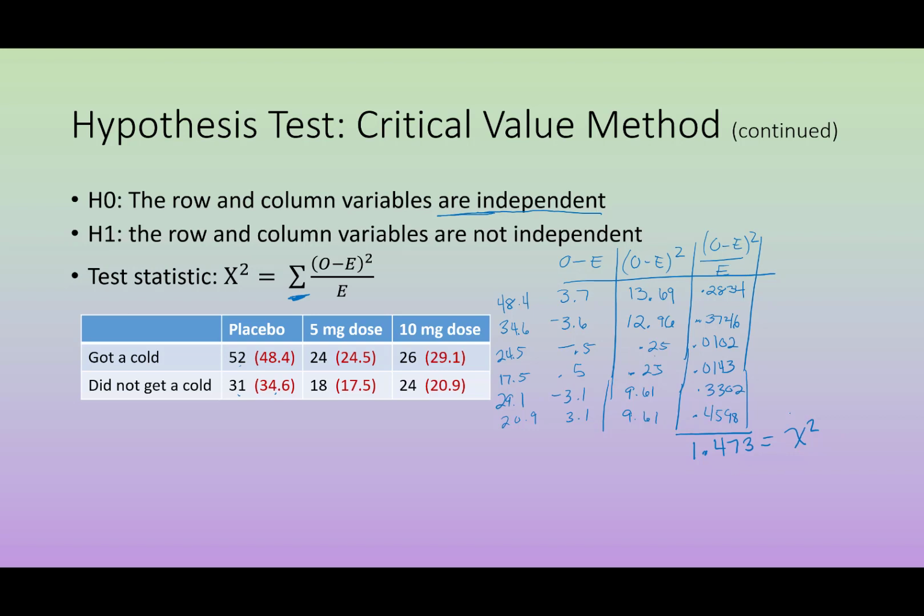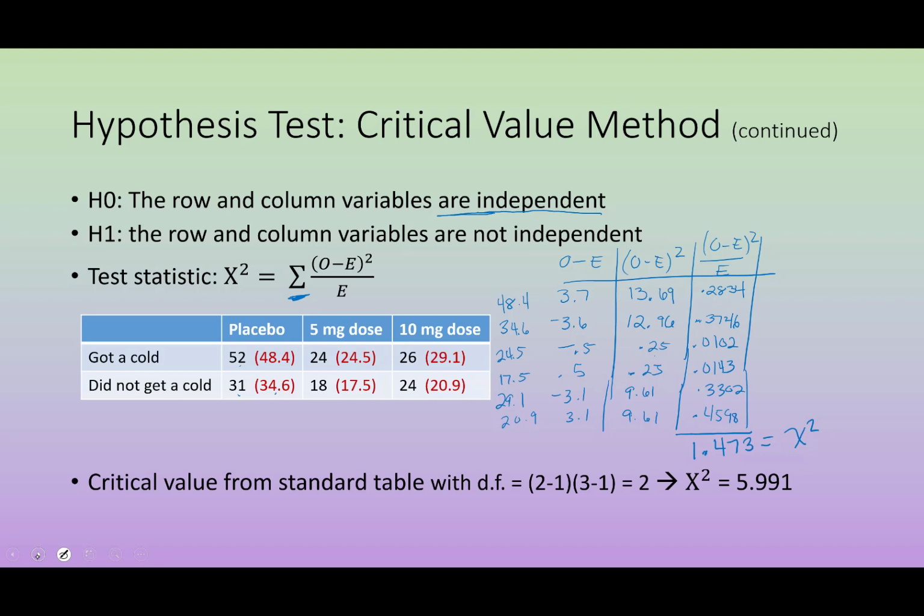Now, once I have that test statistic, because we're doing the critical value method right now, I need to go to my standardized table and I need to find my critical value. Now remember, my degrees of freedom are the number of rows I have. So I have 2 rows, and I take that minus 1. Then I take my number of columns, which is 3 columns here, minus 1.